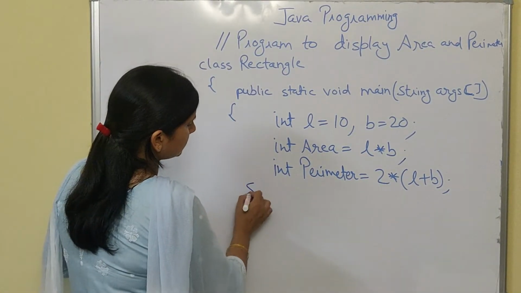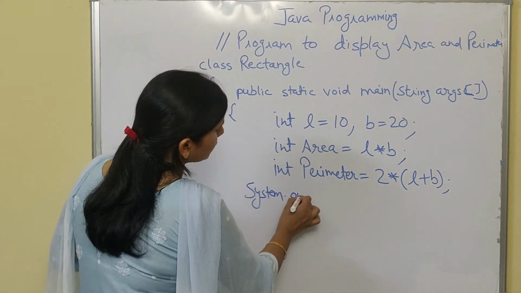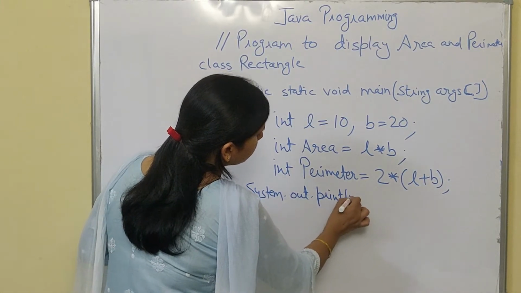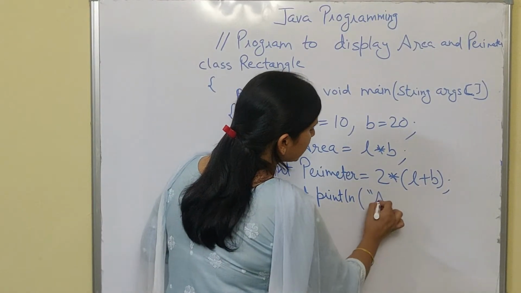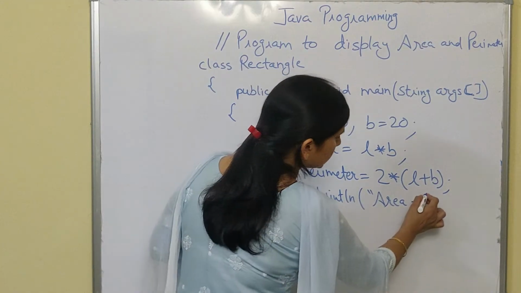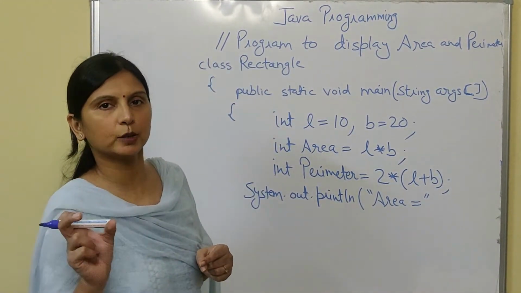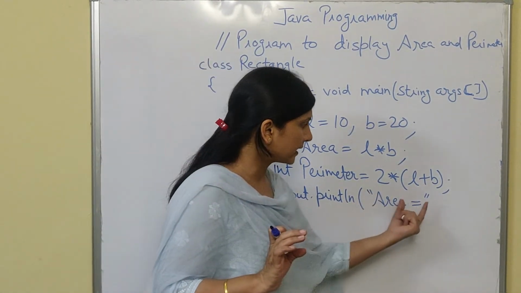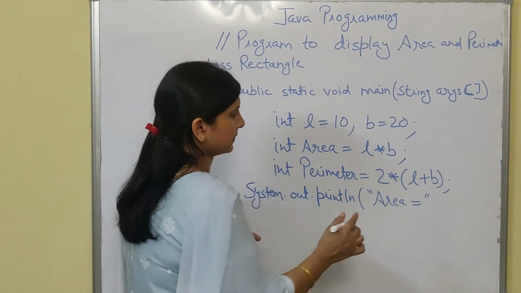Now to display: System, S capital, dot out dot println. First we calculated area, so let's display area equals, within inverted commas, because you want to display "area equals" as it is. So you enclose it within double quotes.